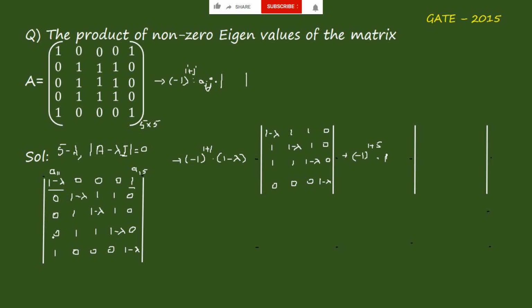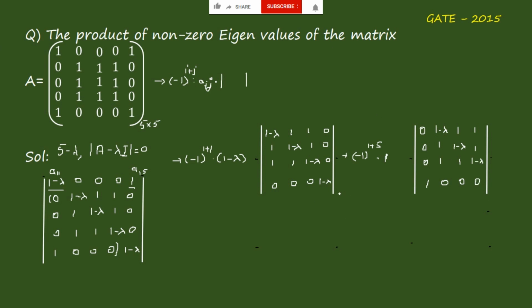Consider only the other terms: 0, 0, 1, 0; then 0, 0, 0, 1; the next one 1 minus lambda, 1, 1, 0; then 1, 1 minus lambda, 1, 0; and 1, 1, 1 minus lambda, 0.